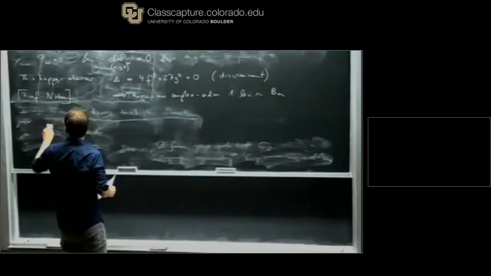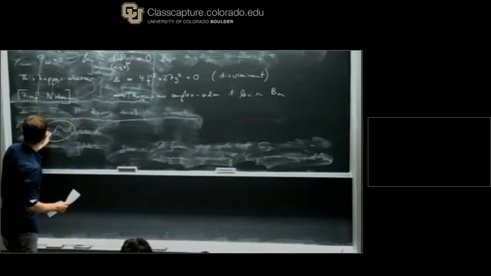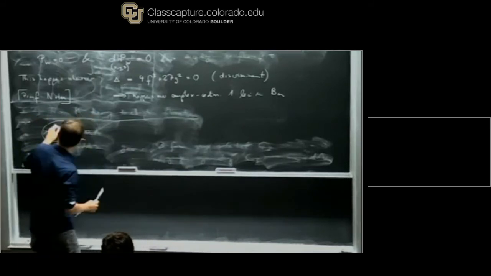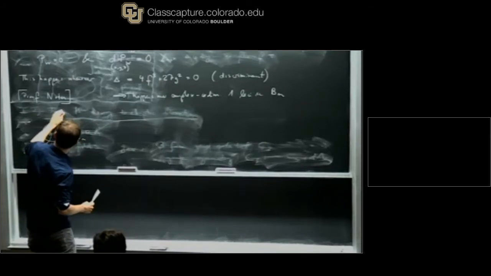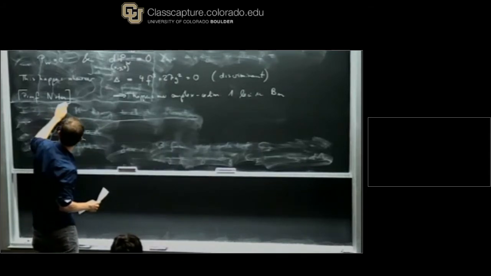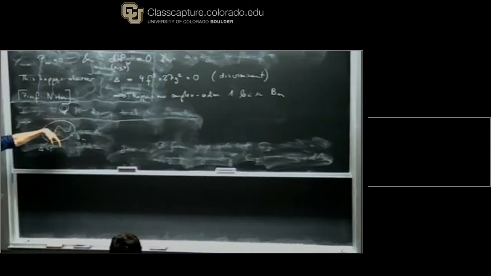So we will have a situation where the fiber, and there's here some locus where delta equals 0 in Bn, and over these points something terrible will happen to the fiber. The fiber will be singular at one point, and this is usually drawn in this way. There is one singular point in the fiber over those points in the base.